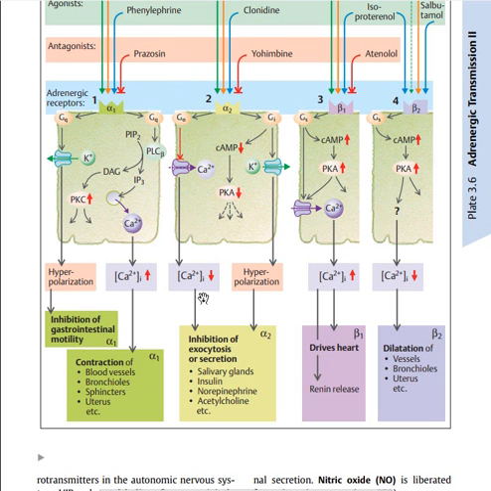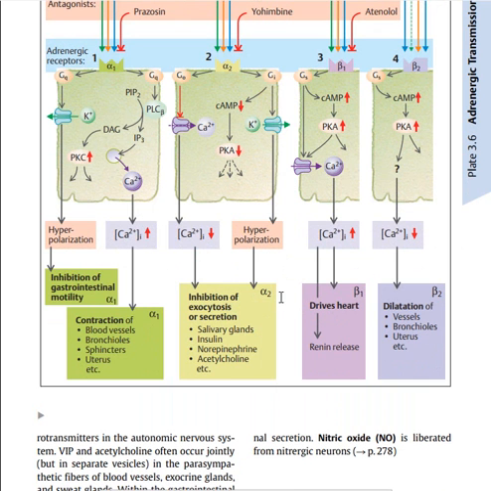Now the alpha 2 receptor has two fates: one where you have calcium ion reduction, another where you have hyperpolarization. All of them are going to be inhibitory. It inhibits the salivary gland, inhibits insulin release, inhibits norepinephrine release, and inhibits acetylcholine release.